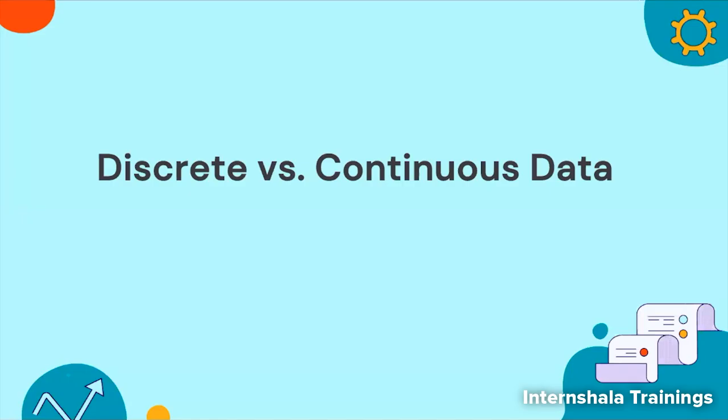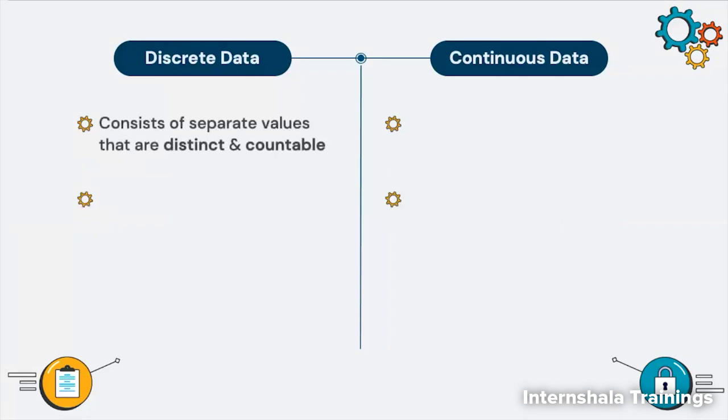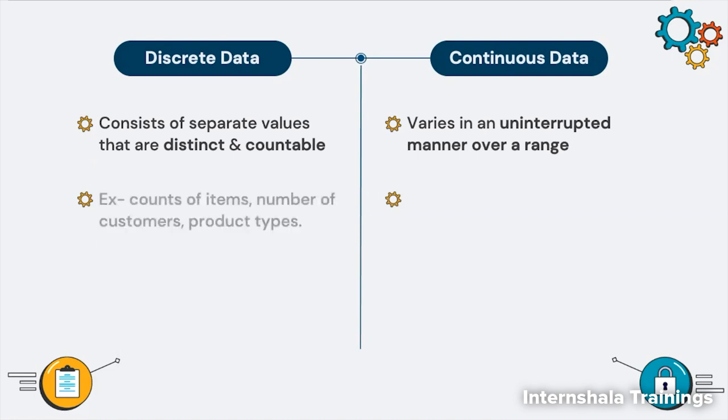Well, moving on to understand discrete versus continuous data. Discrete data consists of separate values that are distinct and countable, whereas continuous data varies in an uninterrupted manner over a range. Examples of discrete data could be count of items, number of customers, or product types.